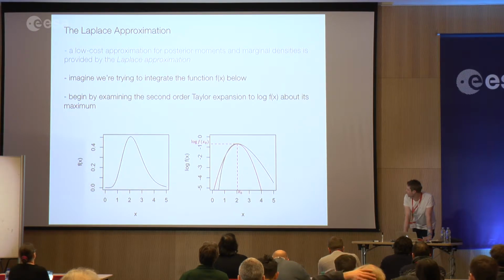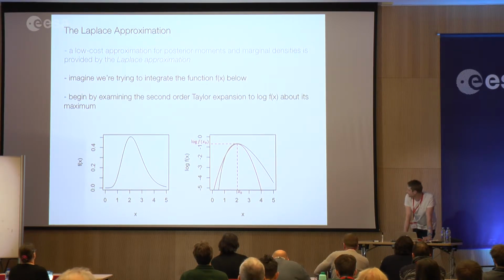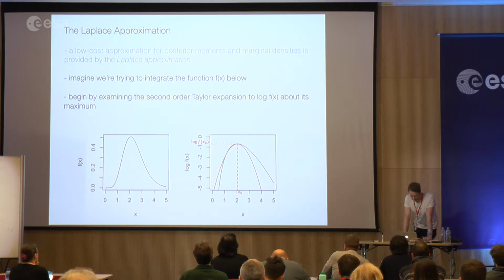And it looks like on the right. So we have our original function on the left and our log function on the right. We find the maximum, which computationally is probably quite efficient just by an optimization routine, and if you have gradients, probably even quicker.